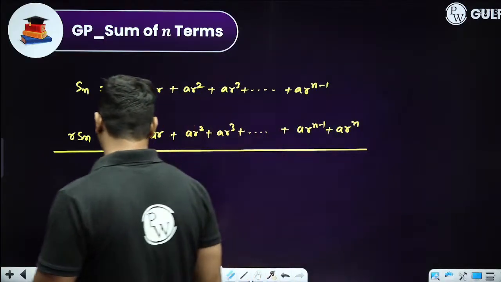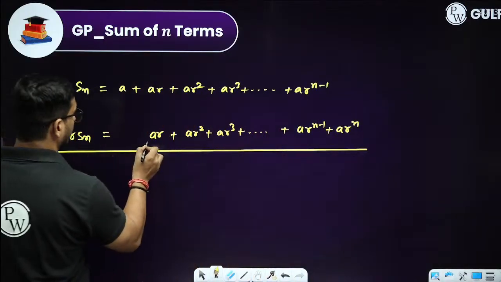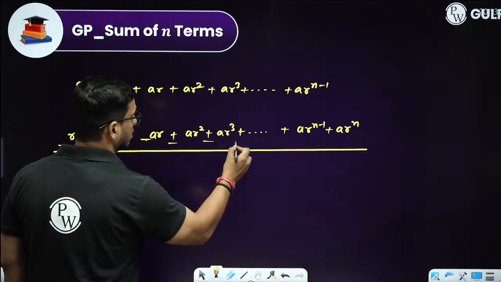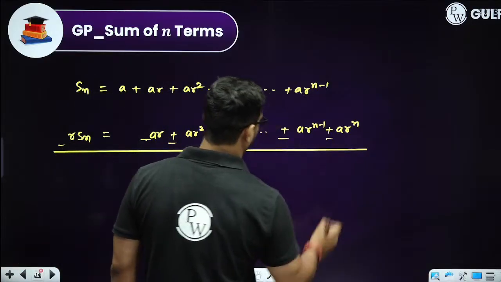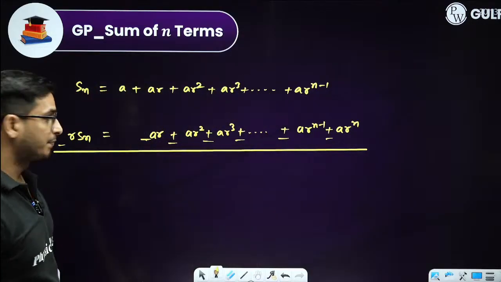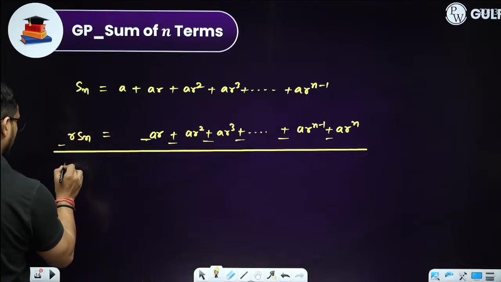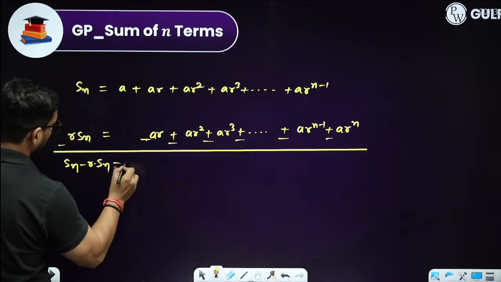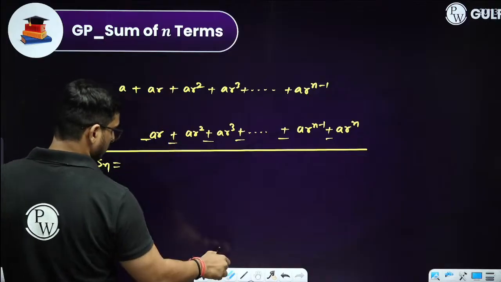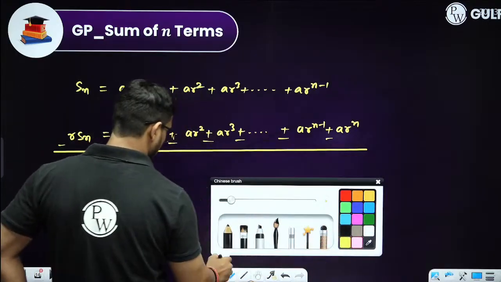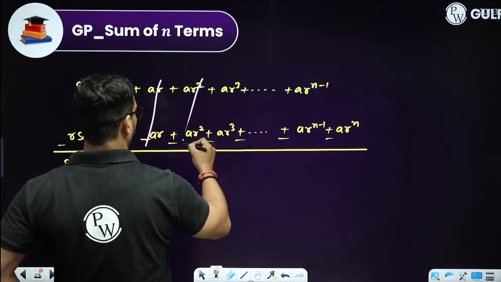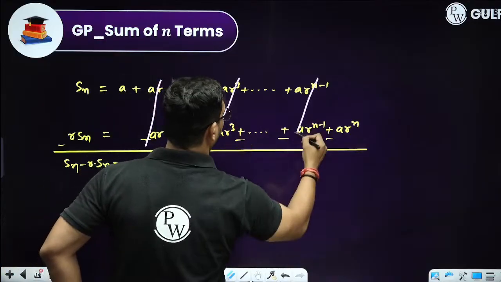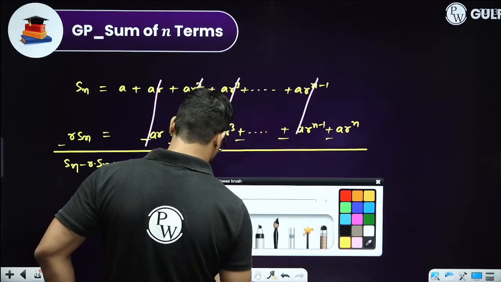Now we can subtract. So this is minus, we have here minus and minus, right? So can I just write here Sn minus R into Sn, and this is gone. Each and every part is gone.